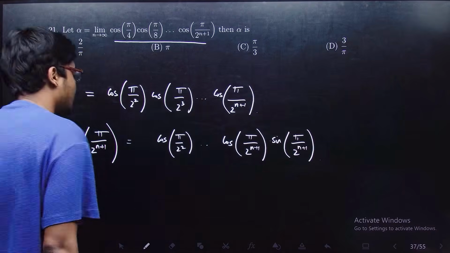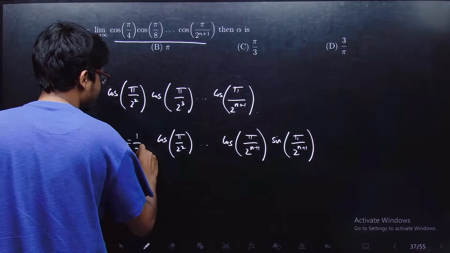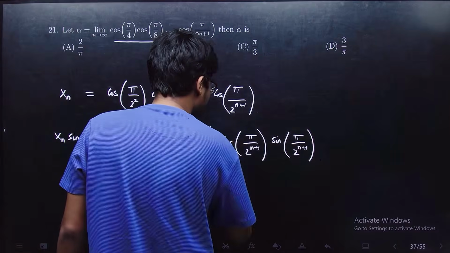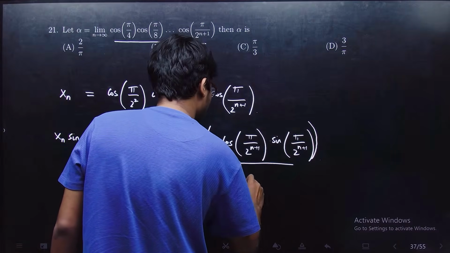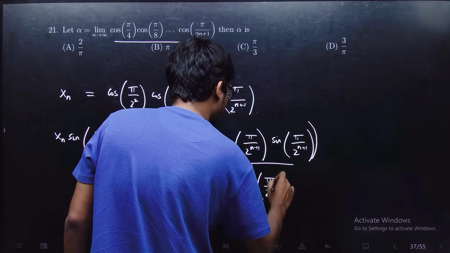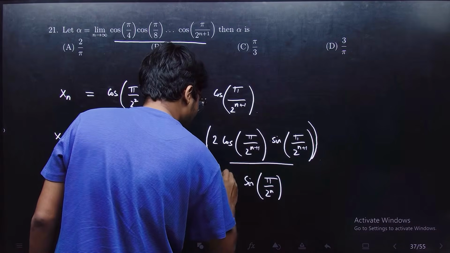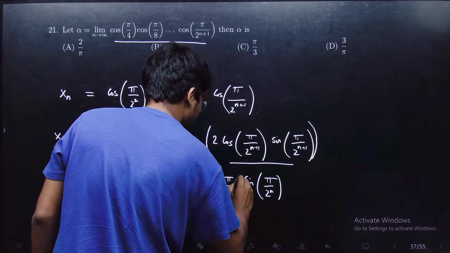Now, if I multiply this by 2 and divide by 2, so half times, then this term is going to be nothing but sine of pi by 2 power n. And the term right before this is going to be cos of pi by 2 power n, and the rest of the thing.